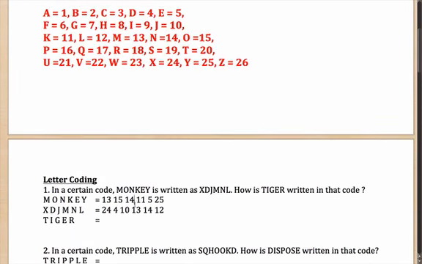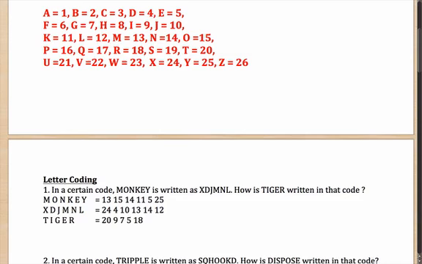Now your task is to find out the code for tiger. What is tiger? T is 20, I is 9, G is 7, E is 5, and R is 18. My answer is going to be the reverse of this: 18, 5, 7, 9, and 20. But wait, I have to reduce them by 1 also.